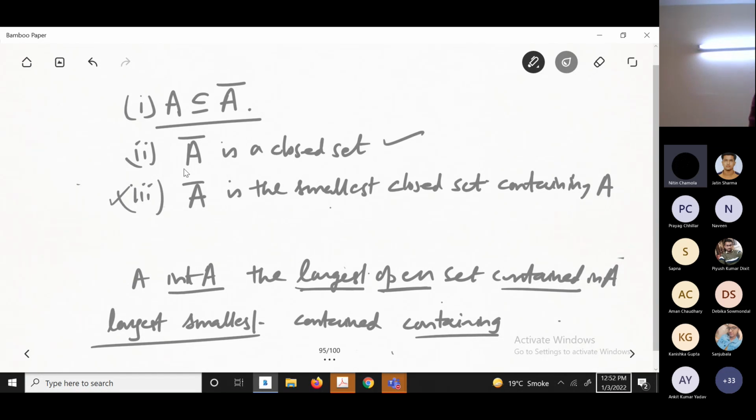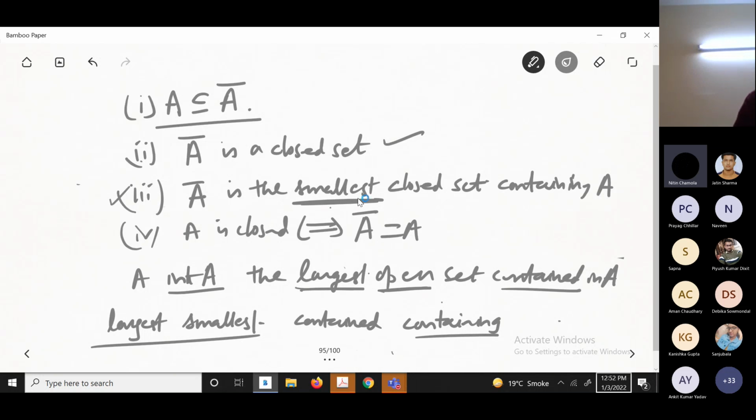In theorem 3.2, this is part A and this is part B. So you will be able to prove this. And so A is closed if and only if A bar equal to A, because this is smallest.